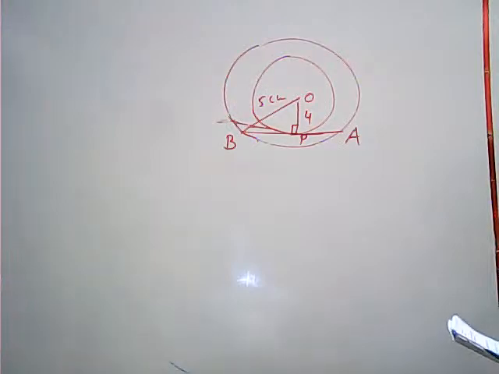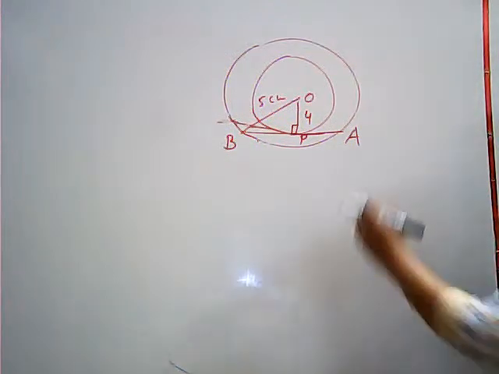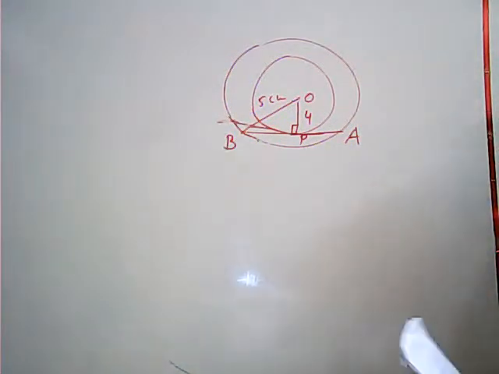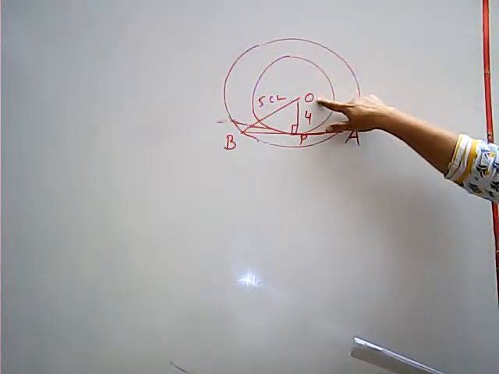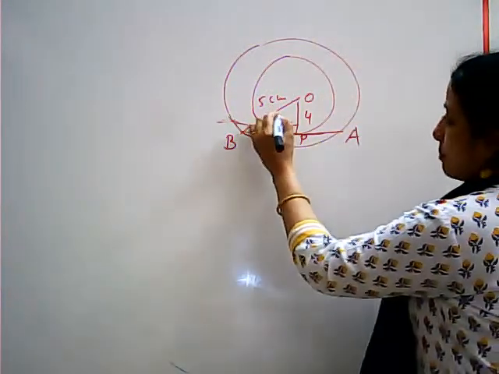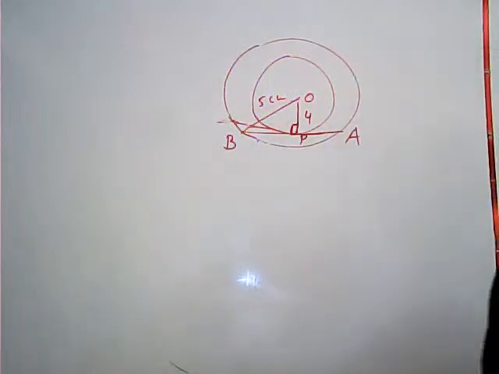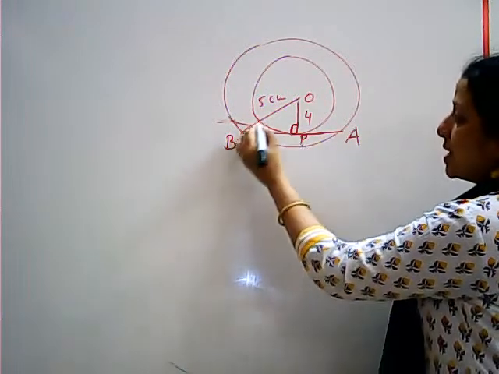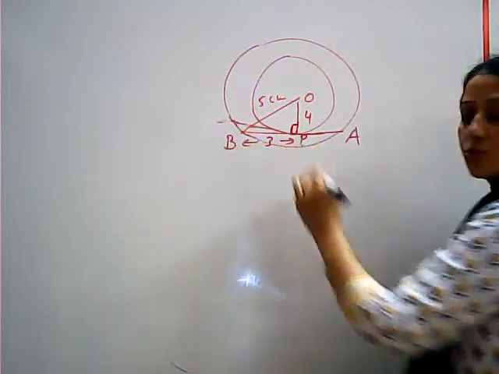AB is the chord of the bigger circle and a tangent to the smaller circle at P. Okay, so you need to find the value of AB. First, by using the Pythagoras theorem, you have to find the value of PB. So that value you will get as 3.